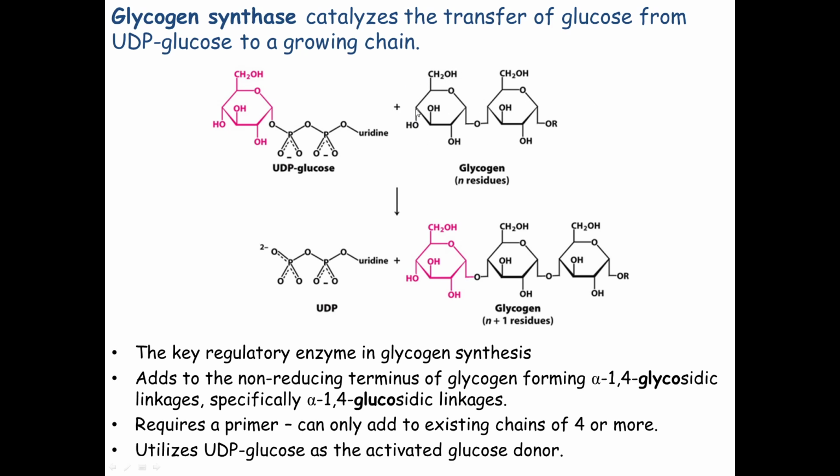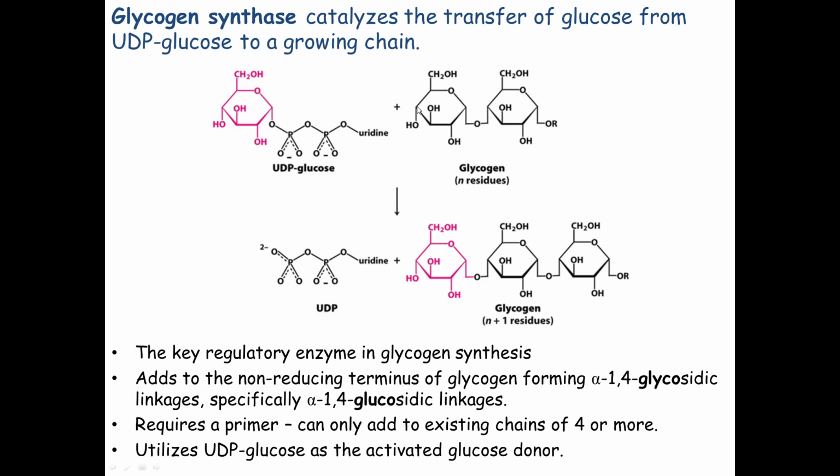So just like before, instead of cutting one off, I'm going to add one to it. So I have an excellent leaving group here in UDP. Right? A uridine with 2 phosphates is an excellent leaving group. So if this OH were to leave with it, this whole thing could leave, and I can attach this sugar to this sugar.